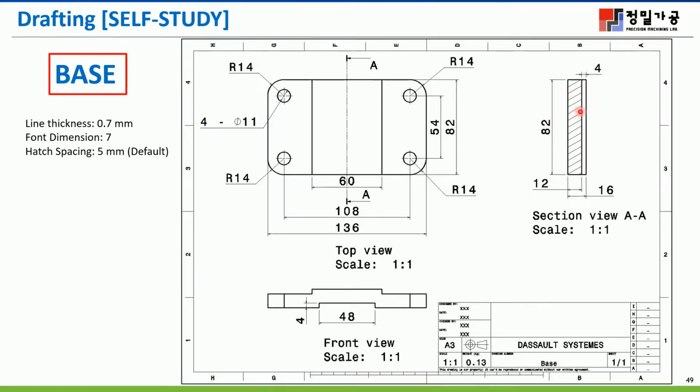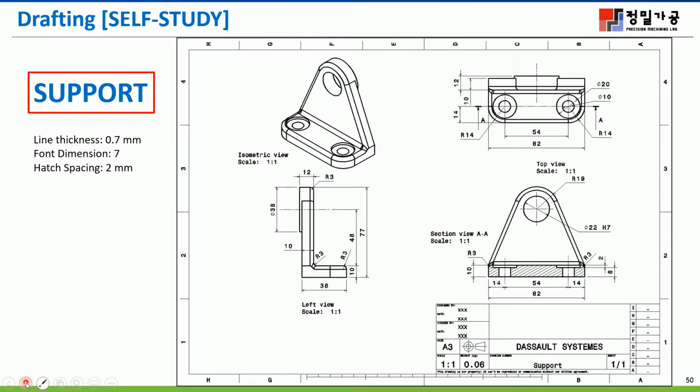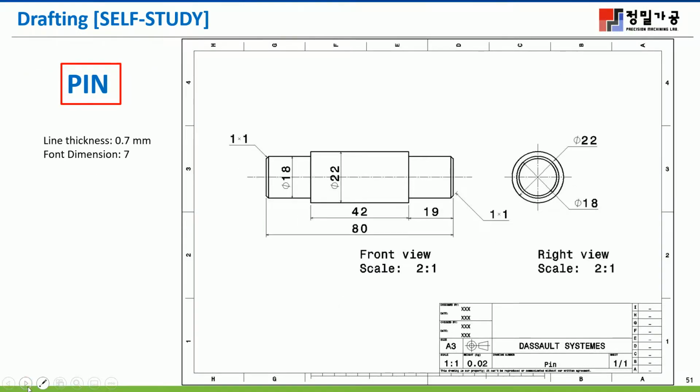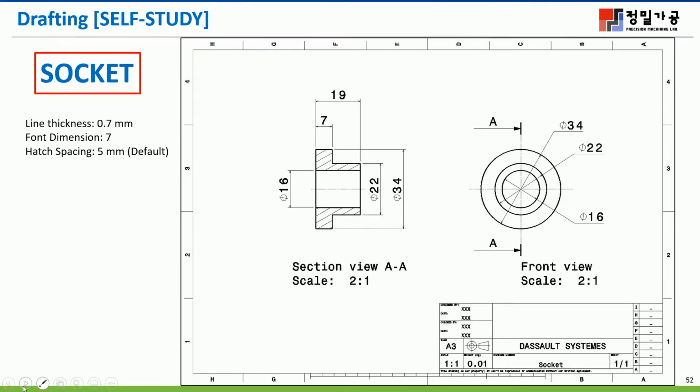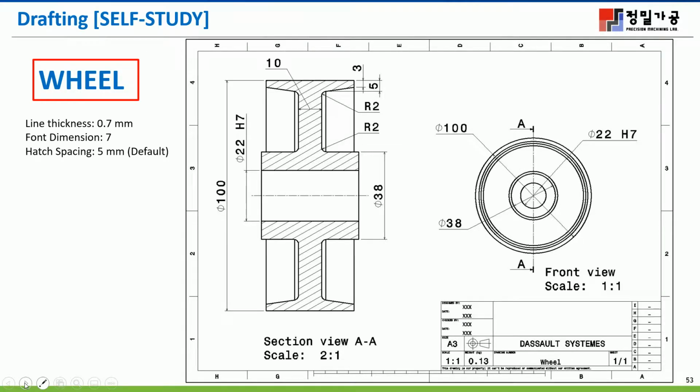It has a space dimension around about 5 millimeter. Maybe you can practice for base and also support, also pin. This one is very easy. Socket and also wheel. Drafting actually very easy.